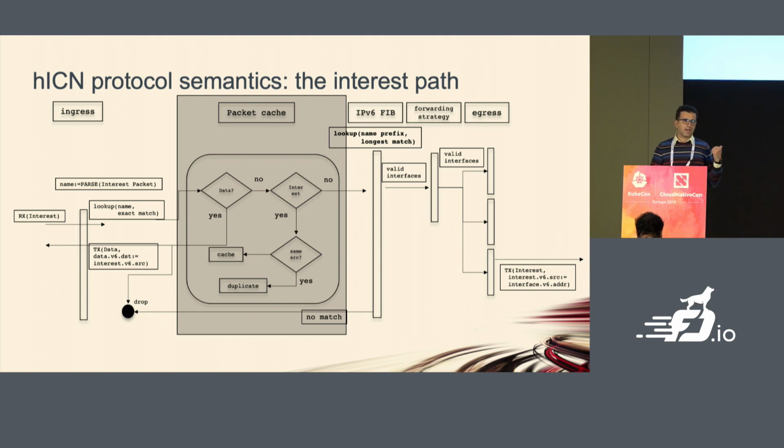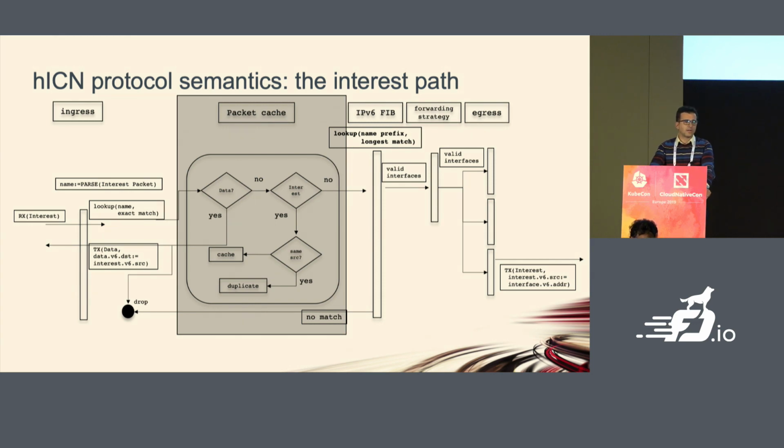And this is the router pipeline for the hiCN router for the request forwarding path, which is essentially an IPv6 pipeline where you have the ingress with the packet parser in the first place, where you identify the required fields.